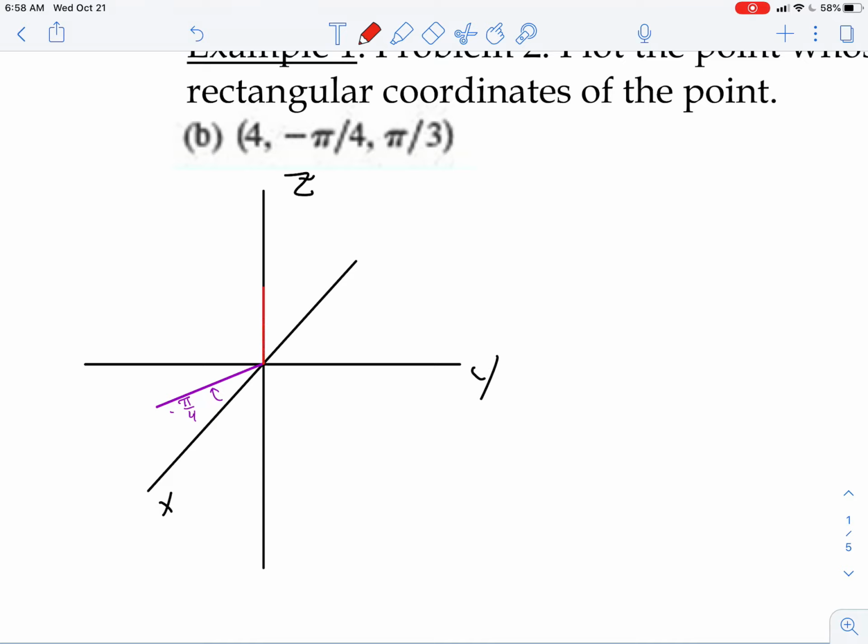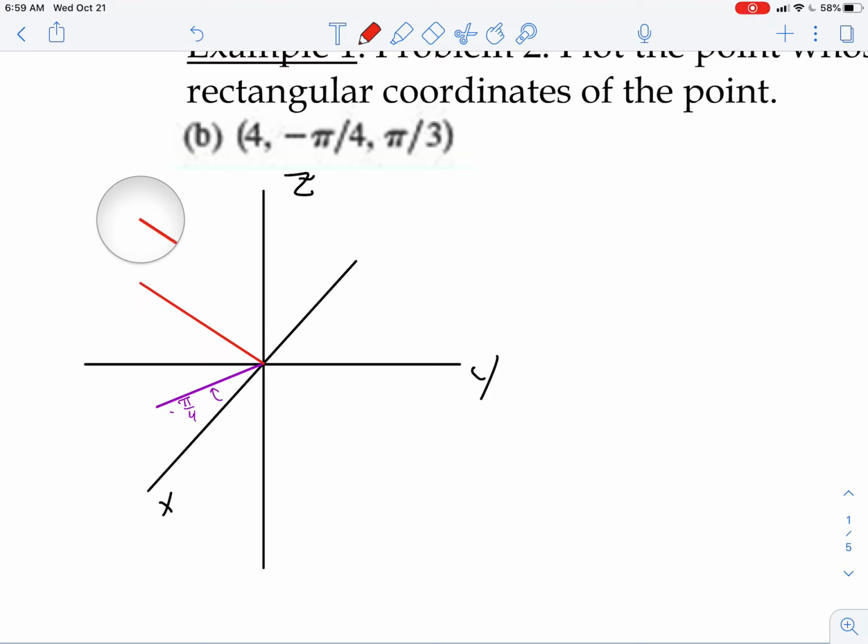And then we're doing pi over 3. So now pi over 3, again, for this one, we're never going to go past pi. So if I wanted to get over there, pi over 3, if I point in that direction, I'm just going to go a distance pi over 3 in that direction.